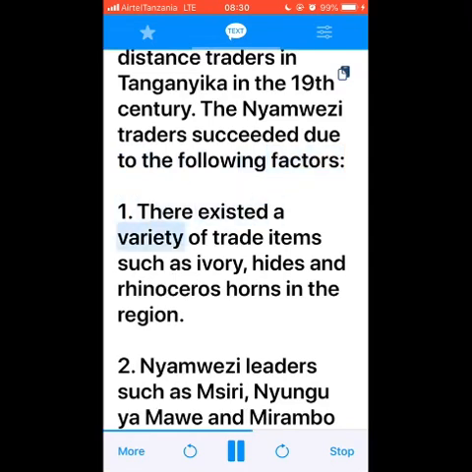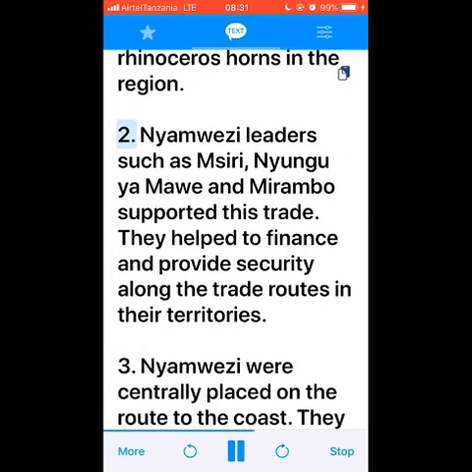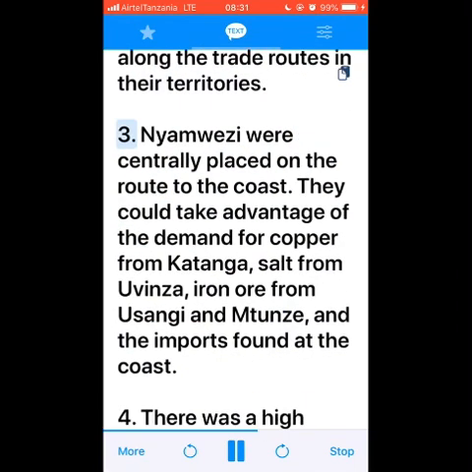There existed a variety of trade items such as ivory, hides and rhinoceros horns in the region. 2. Nyamwezi leaders such as Mziri, Nyanguyama and Mirambo supported this trade. They helped to finance and provide security along the trade routes in their territories.